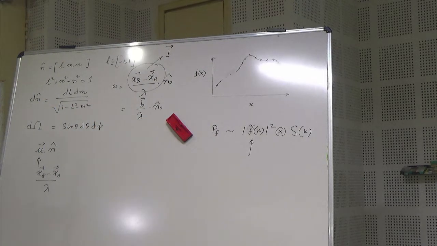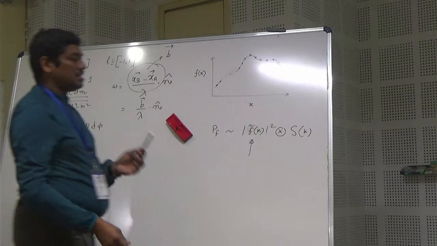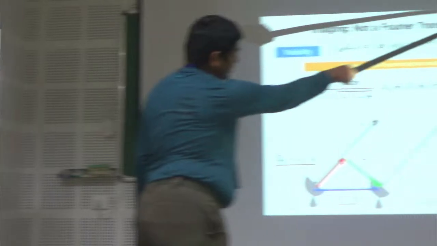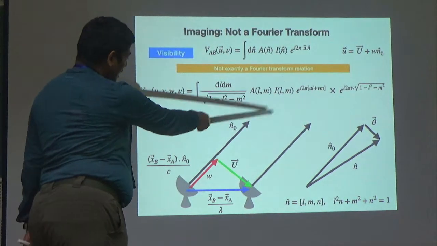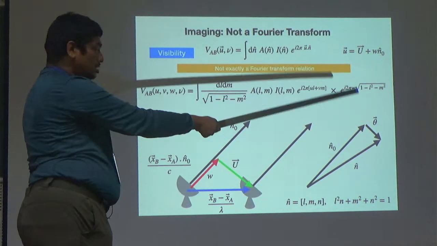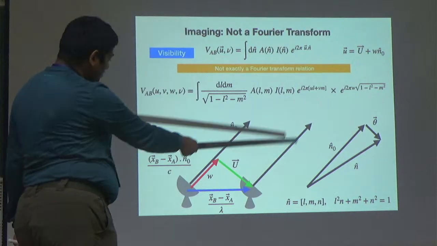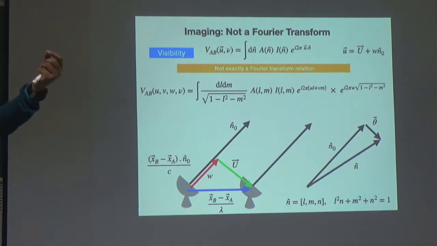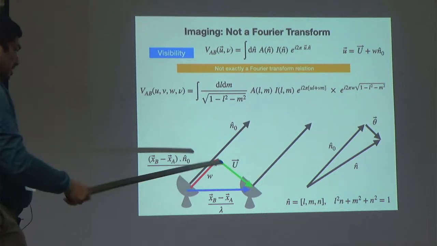But now again, if I ask you how much time, you see that if there is a point source very far away in the field of view, and this is the direction of the point source, there is a plane wave that you will see at the point where there is an antenna, right? A spherical wave will be emitted from the point source. If you are very far away, you will sample only a very small part of that sphere, which is a plane. So that looks like a plane wave.